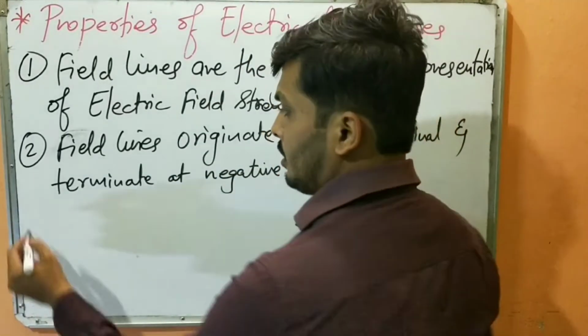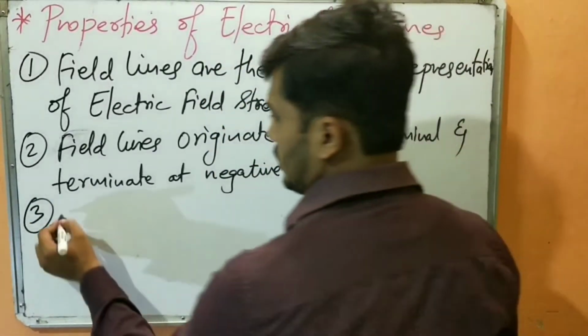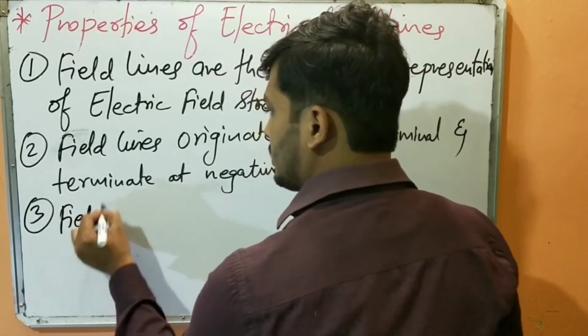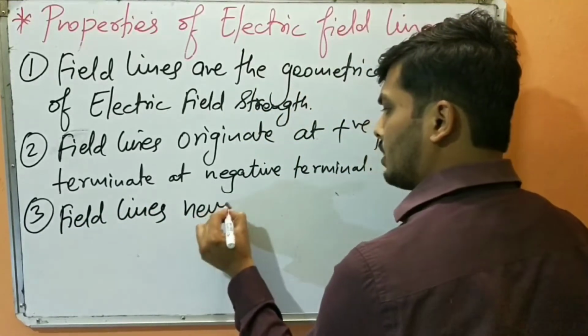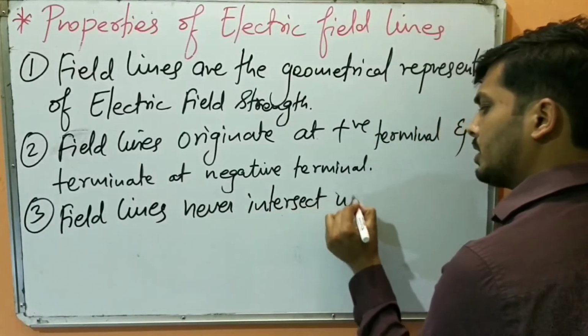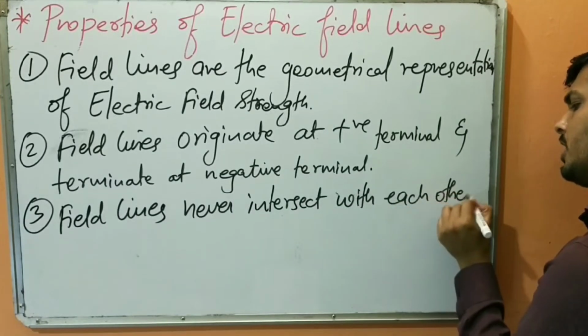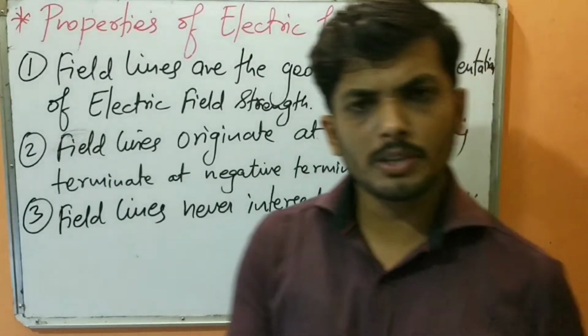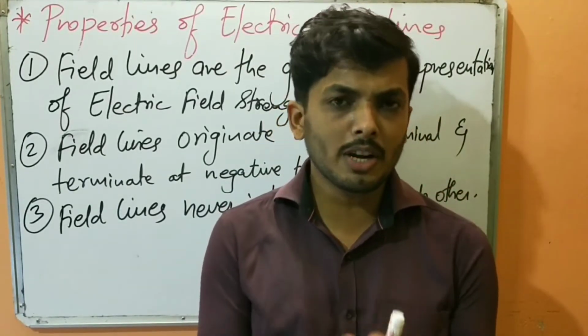Third property, also we have seen it. Electric field lines never intersect with each other. You draw any diagram for any complex number of charges, you will always find that two electric field lines never intersect.